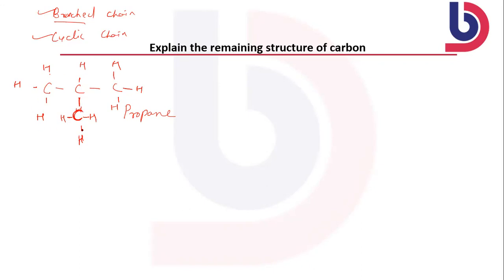And if you write the name, then if you count the carbon here, you have 1, 2, 3, 4. So it means that you have 4 carbon. If you have 4 carbon, then the name of this group is butane, and that's why it is known as isobutane.